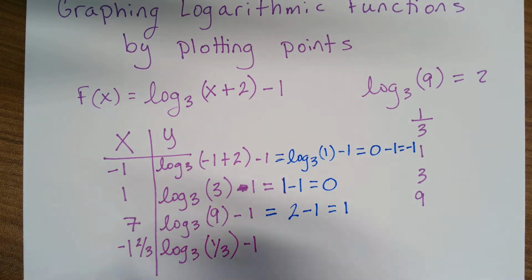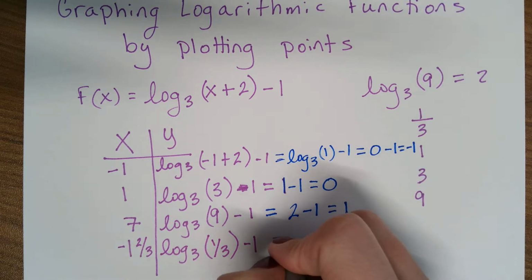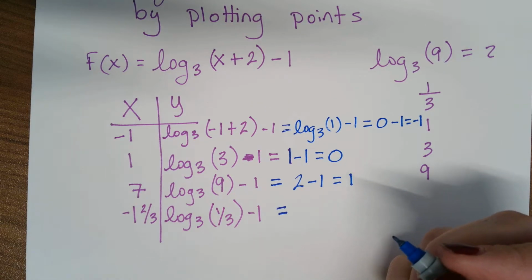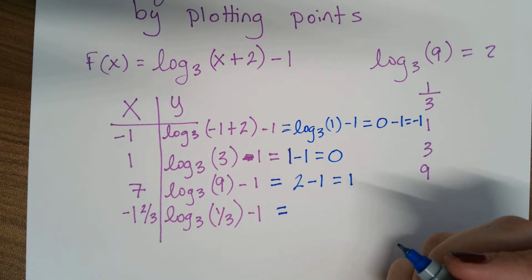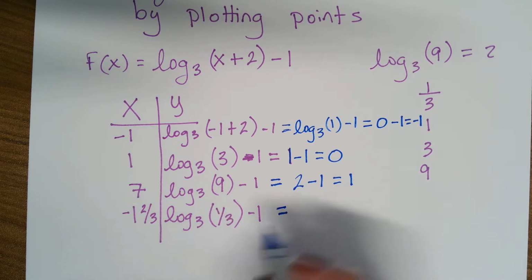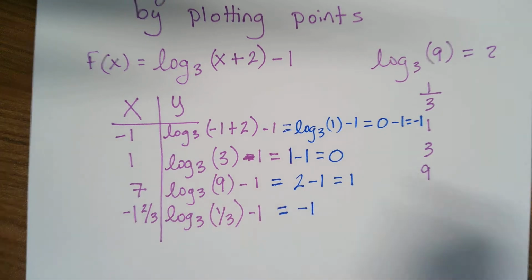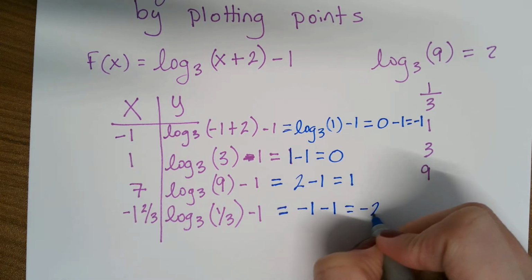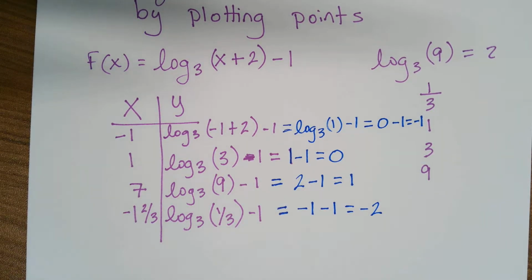Now I can evaluate that logarithm. 3 to what power gives me 1/3? The answer is -1. Remember, negative exponents tell you to take the reciprocal, or flip that value over. So log base 3 of 1/3 gives me -1, and then I still have to subtract that 1, so I get -2. So I've got a good bit of points here.